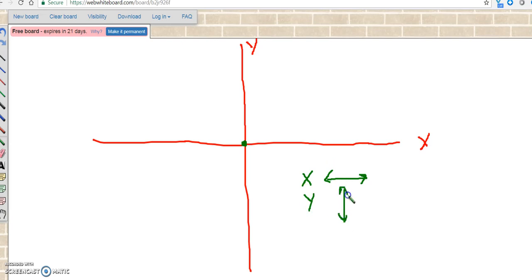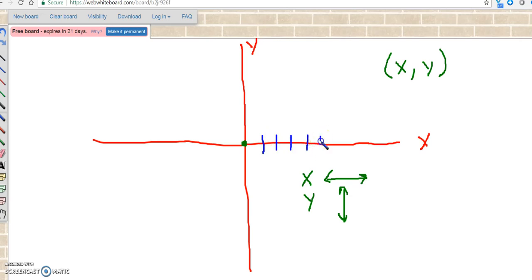And that is what gives us x and y coordinates. Sorry my arrows don't look great. If the students don't have that concept, they're going to be completely lost when it comes to answering any question concerning graphing.